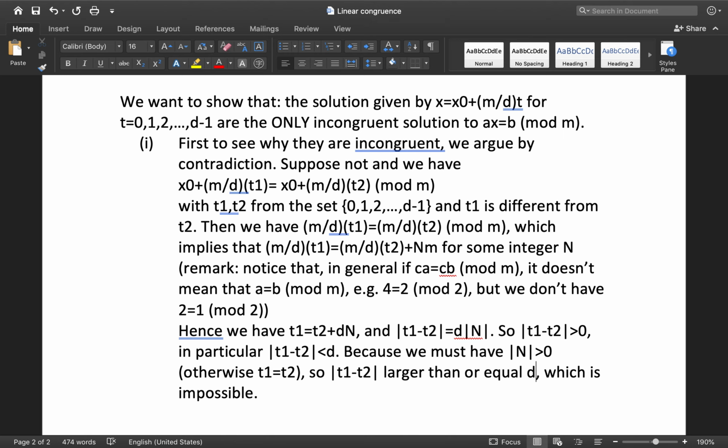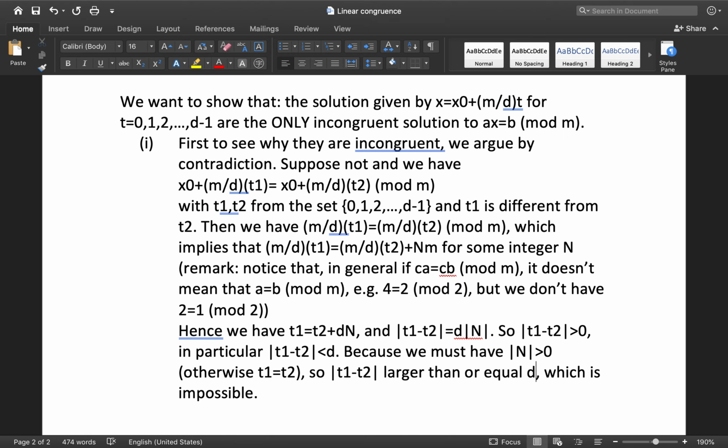Because I'm saying that even though you pick some members from that set, you say that they are congruent. In fact, they cannot be congruent. They must be incongruent. So that's why you got something impossible. So that means this number.